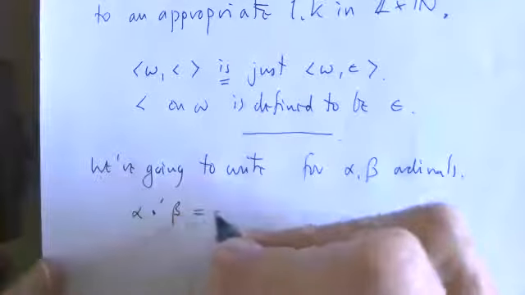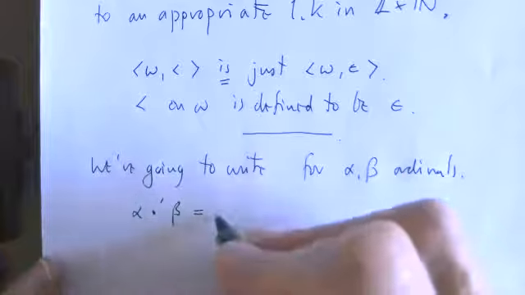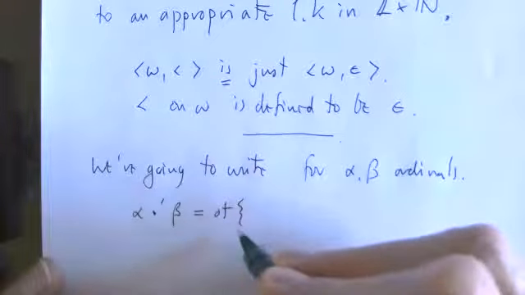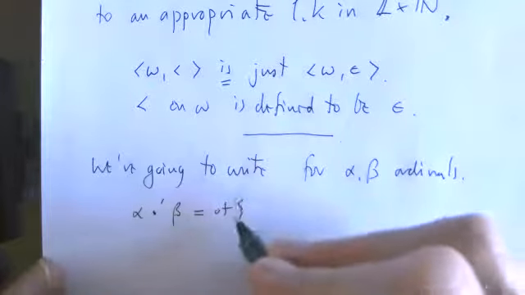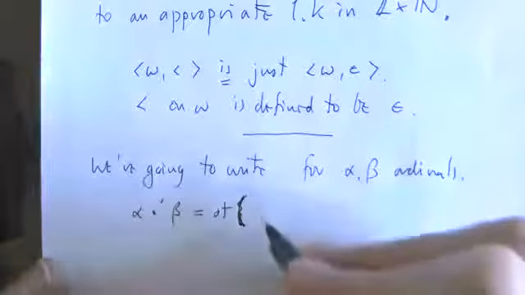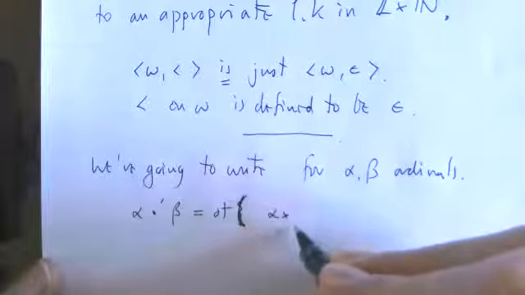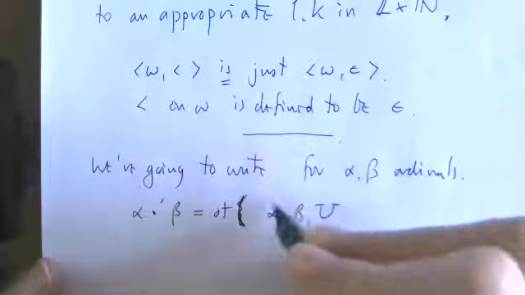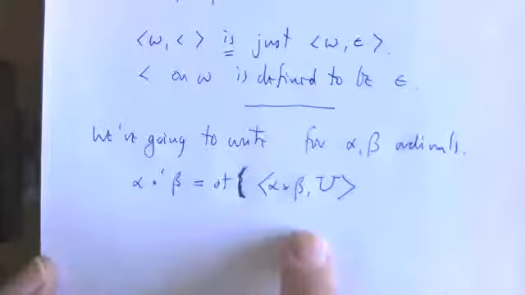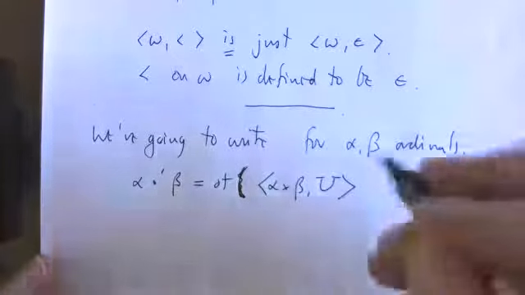I'm going to define this to be, well, what ordinal? It's going to be the order type. It's the ordinal isomorphic to, sorry, round bracket here, this product ordering U on alpha cross beta here.